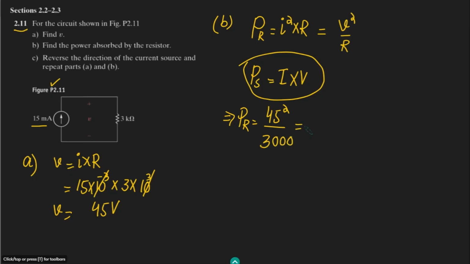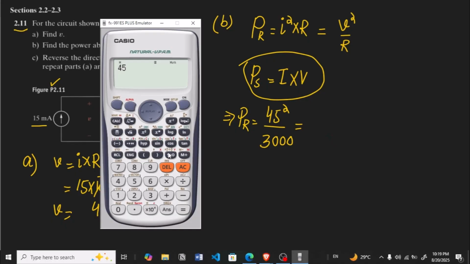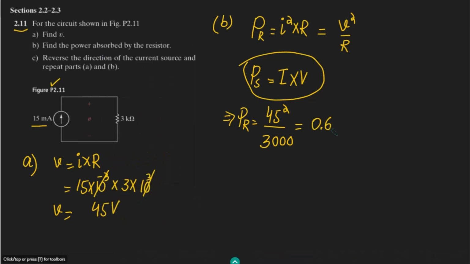Let me find it out. 45 square is 2025, divided by 3000, so that is 0.675. Okay, so that is the answer, or we can also write it in milliwatts. So it would be 675 milliwatt. That is the solution of part B.